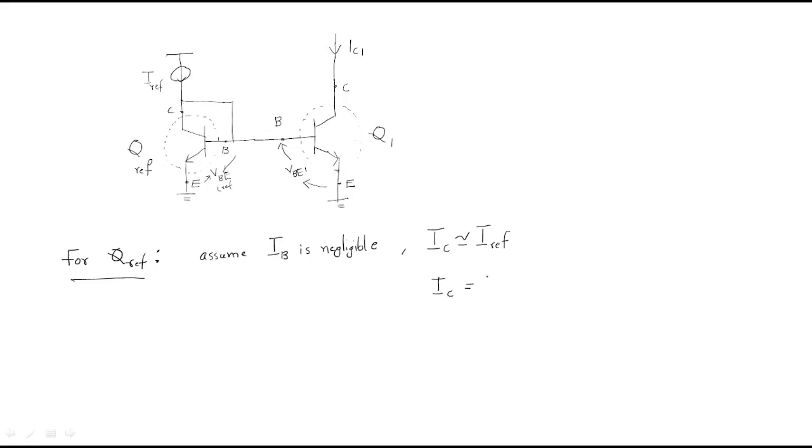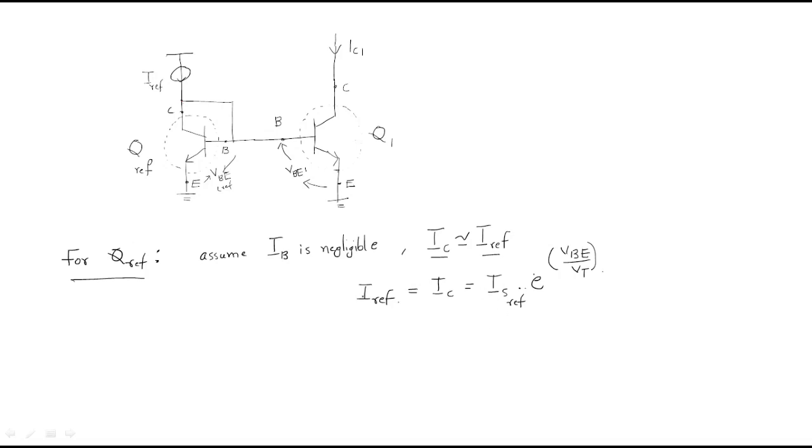The collector current equation is IS reference, that means the reverse saturation current, times exponential of VBE by VT. But here the collector current and the reference current are the same, that's why it is equal to the reference current.